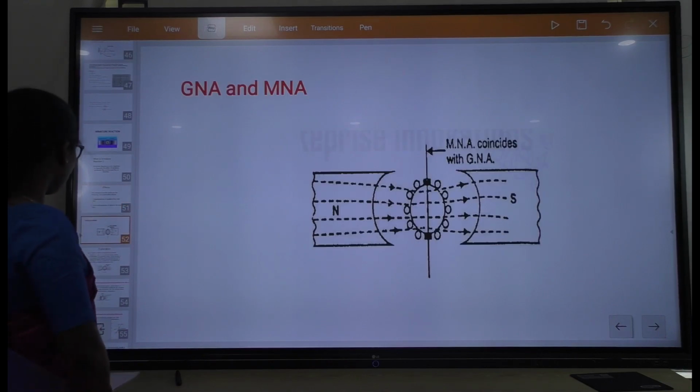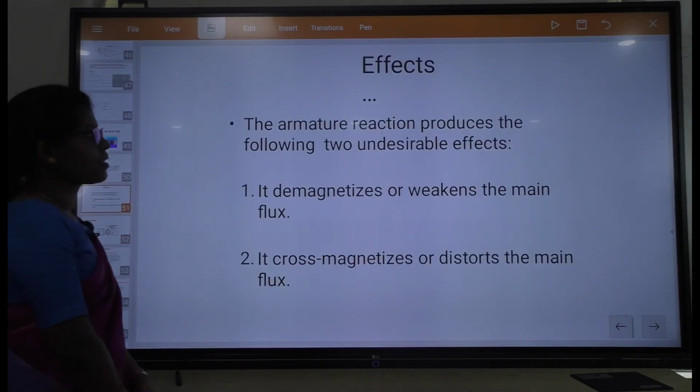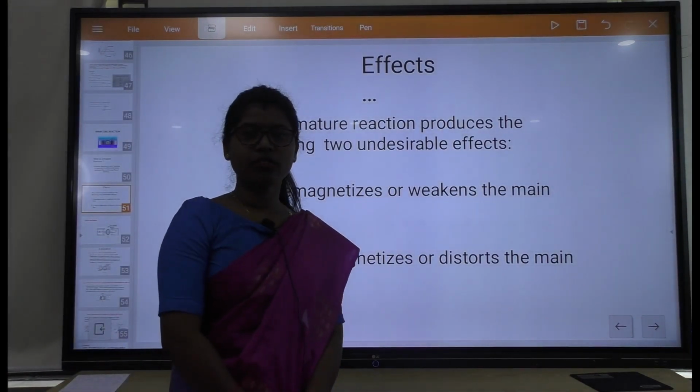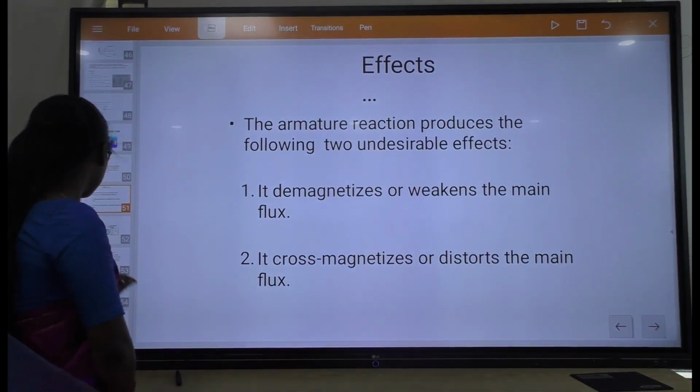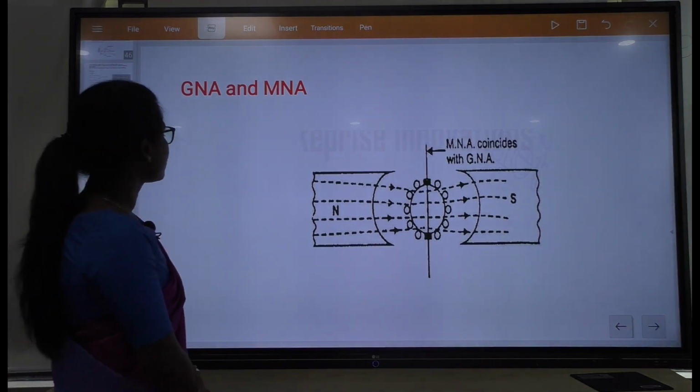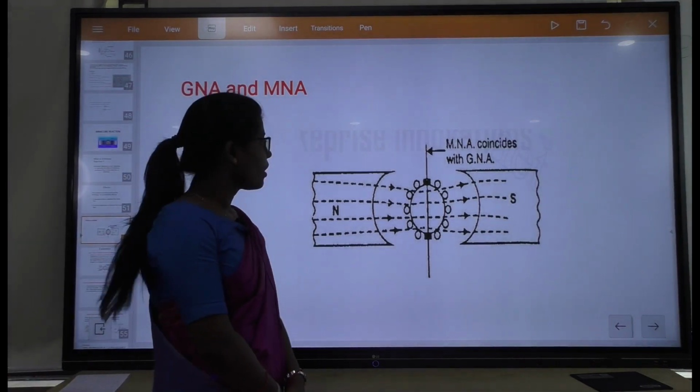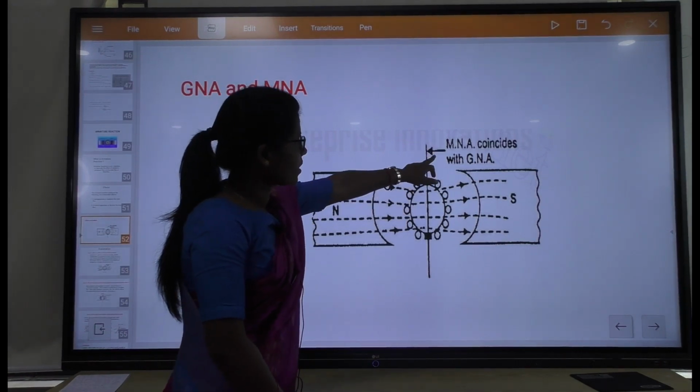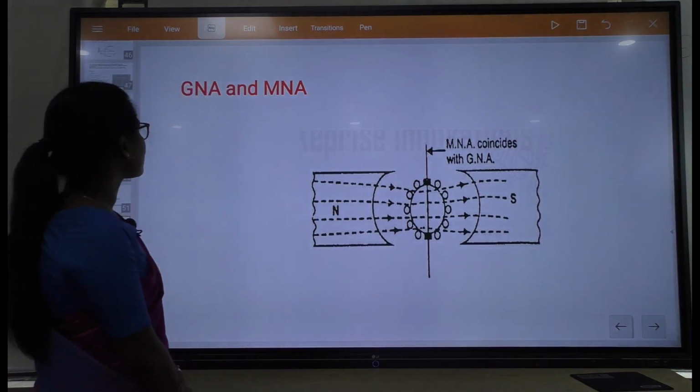And before going to the depth of this armature reaction, first we will know what is geometric neutral axis and what is magnetic neutral axis, what is GNA and MNA. You can see from this figure, this is GNA and MNA. So what is GNA?